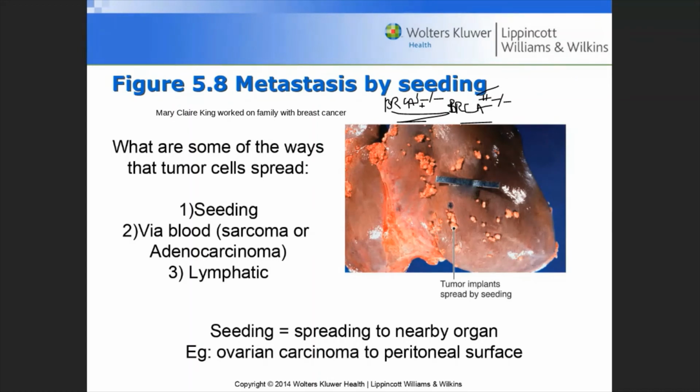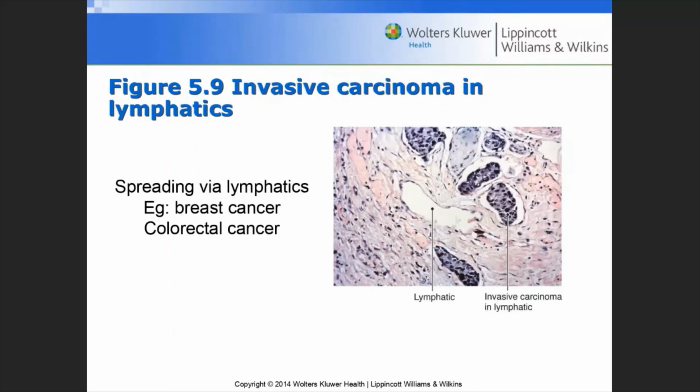If it's more of mesenchymal origin, like sarcoma, then it goes via the blood. Breast cancer and colorectal cancer are all carcinomas, epithelial, so the invasion is to the lymphatics.